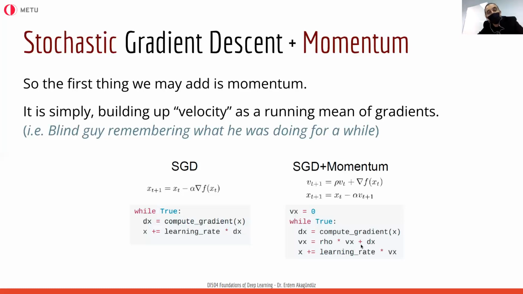You make another step where you take a running average of the calculated speed with the previous speed, and you use that speed with the learning rate to get the updated values. That's called momentum. And when you have this algorithm, you have much smoother optimization. Actually, for all solvers, we have a momentum. Any questions about momentum? It's pretty simple, actually.